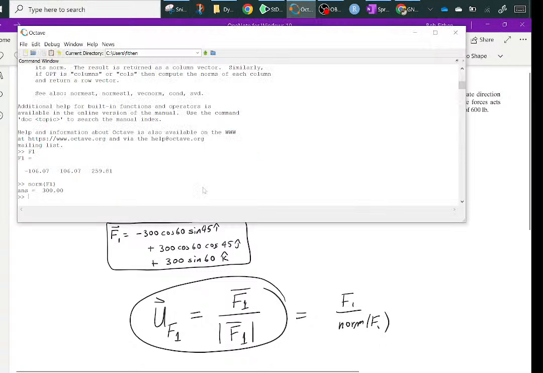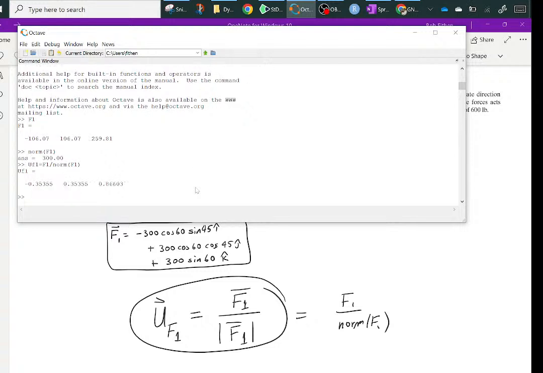If we go in here and do that, unit vector F1 is equal to F1 divided by the norm of F1, which is square root of the sum of the squares, and you get that. Any idea as to what the norm of this unit vector would be?